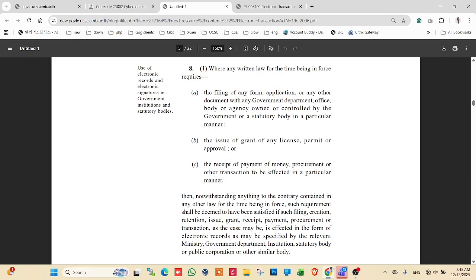In section 8 it says where any written law for the time being in force requires. When you say any written law for the time being in force requires, it means current law. That does not necessarily mean digital documents.